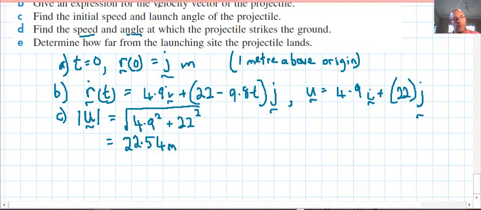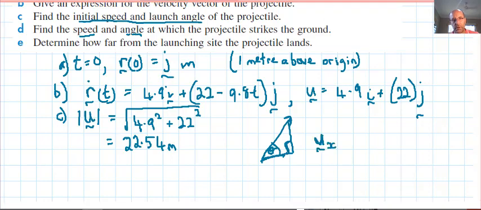Now the launch angle. Oh no, sorry, I'm looking at the wrong question. That's what we're doing. Okay, launch angle, we can use trig for that, like I mentioned earlier. To get theta in that little right angle triangle, we look at the x component of the initial velocity vector u and use tan theta, opposite over adjacent.